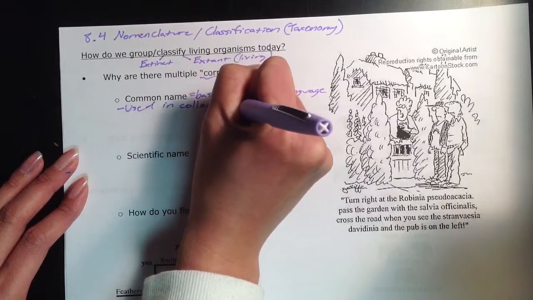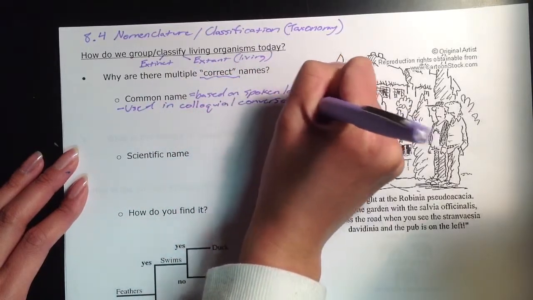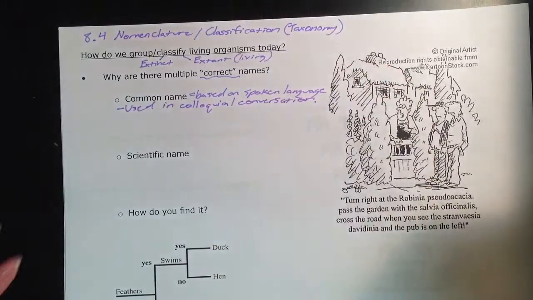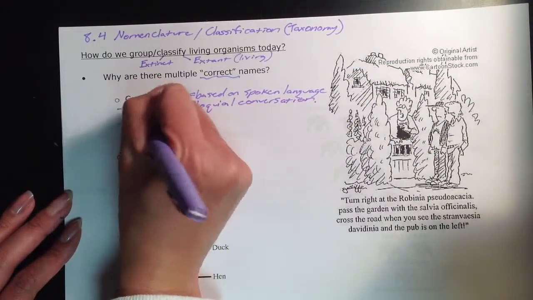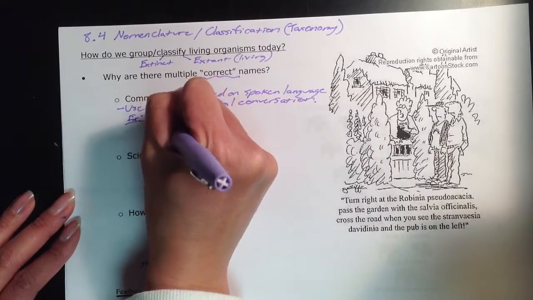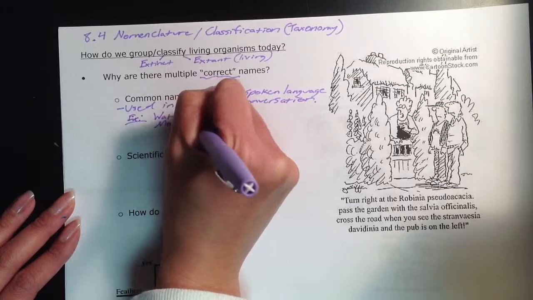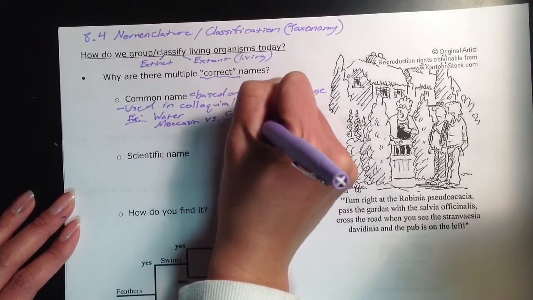Okay, common everyday language. A common example that you'll see for common names is your water moccasin versus your cottonmouth snake.